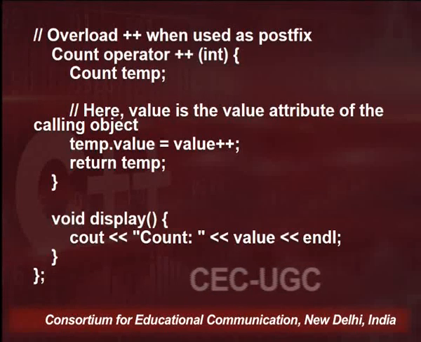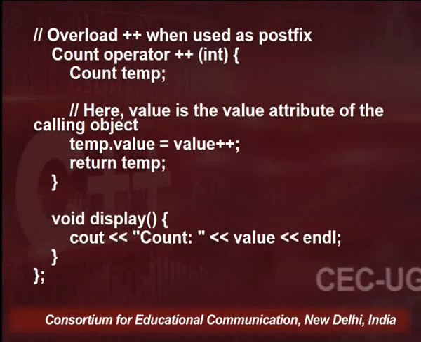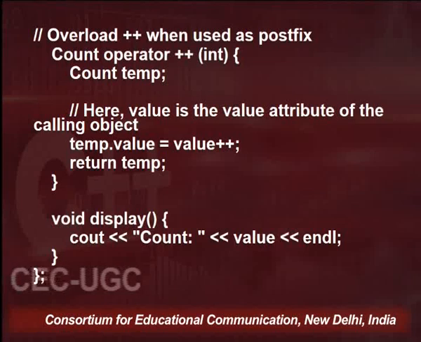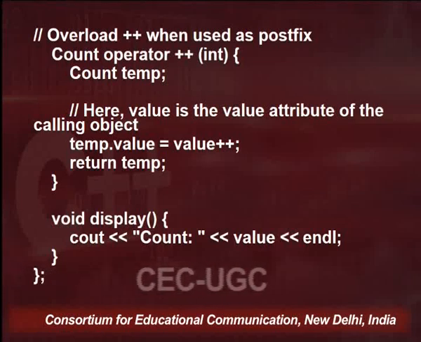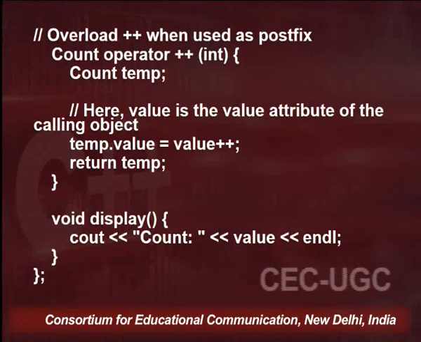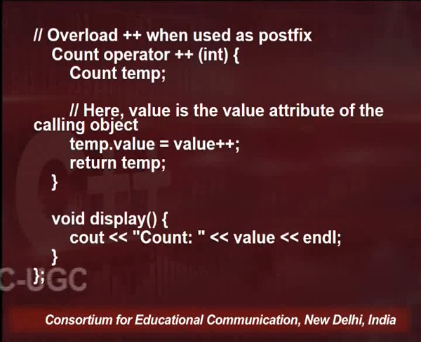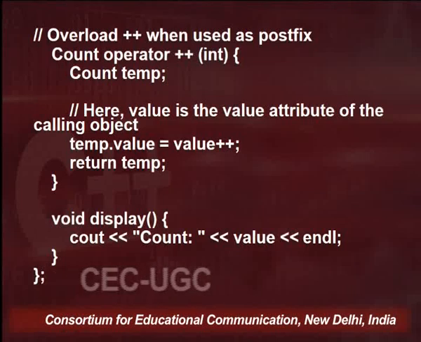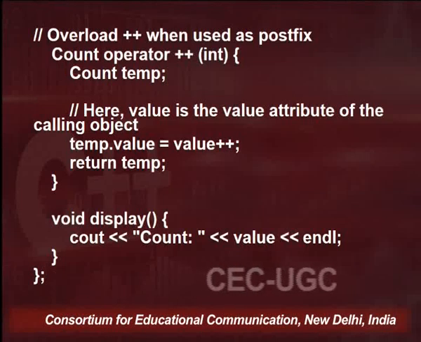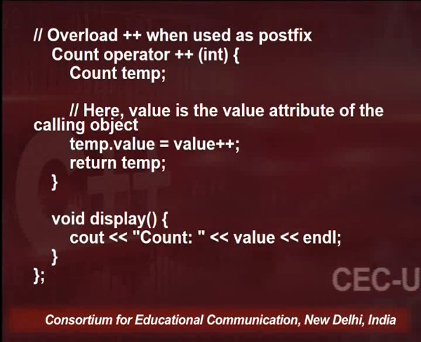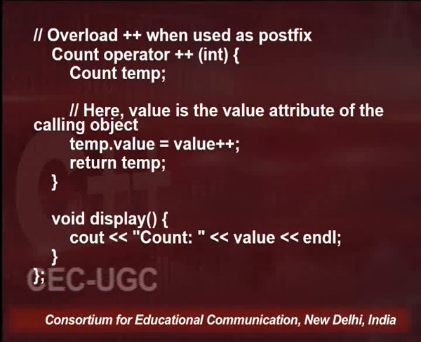This is count operator plus plus int, and the significance of this int has already been explained in the previous lecture. Then again there is a temporary variable of type count, basically an object of class count, which is to be returned, and again a similar thing: temp.value = value++.